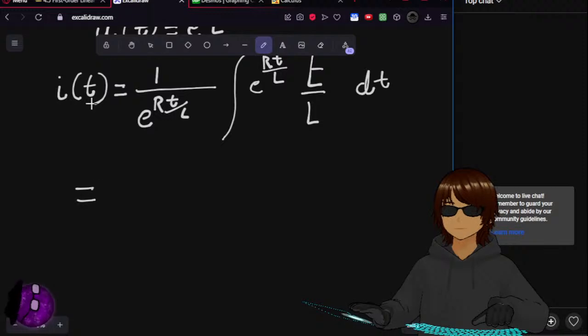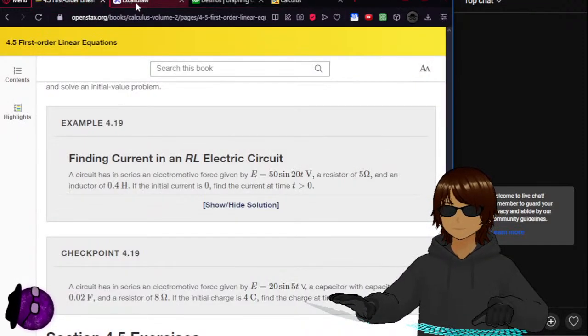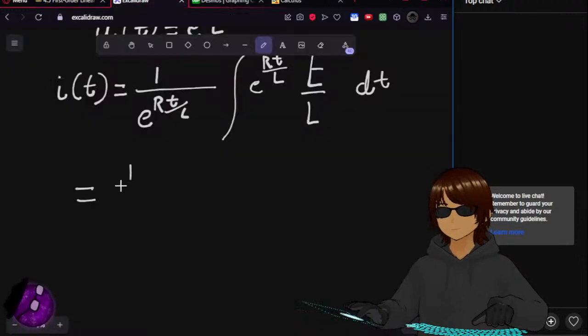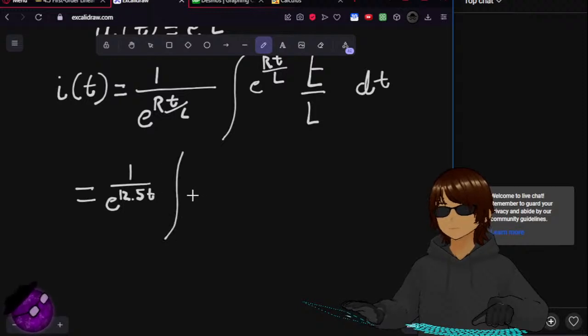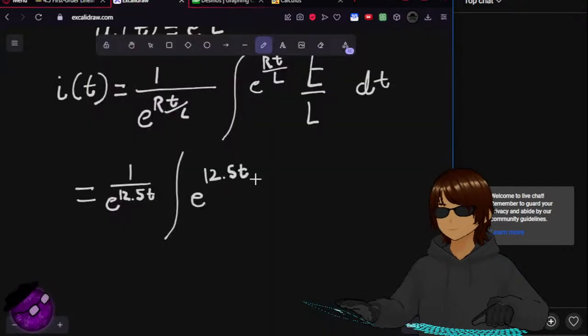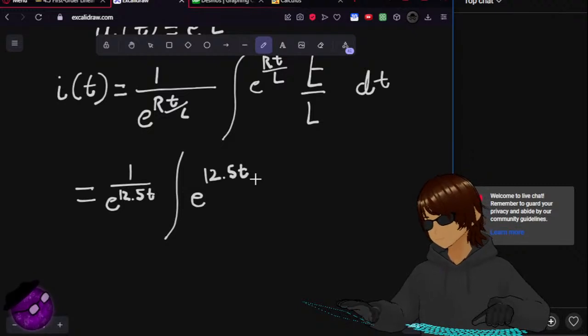So R over L, 5 over 0.4, 12.5. 0.4. 50 sine. 50 times 0.4 is 20.